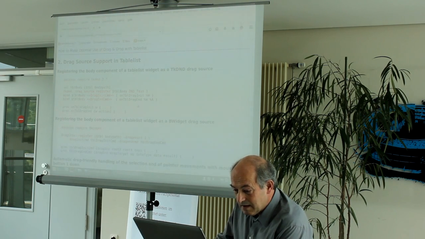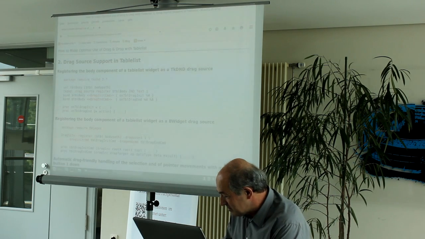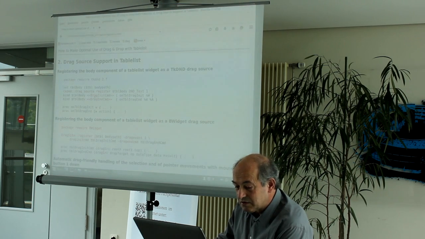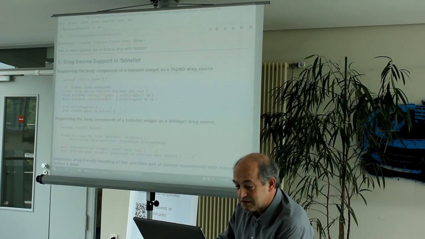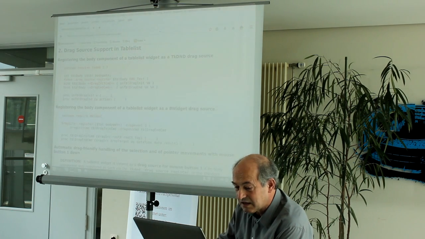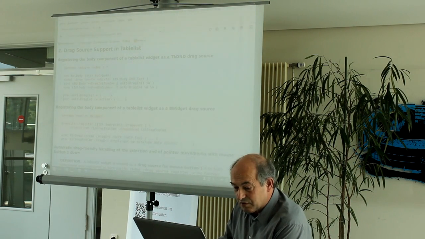The way to register the body of the Tablelist widget is to invoke tkdnd drag source register, and to define two binding scripts. These are predefined binding tags: drag init command and drag end command. So this is what we have to use.